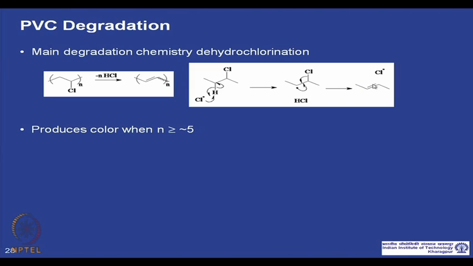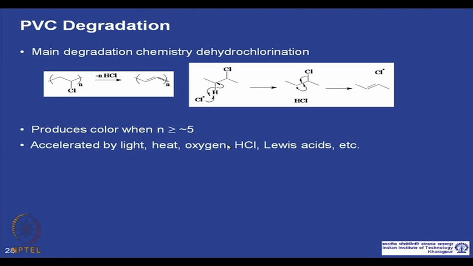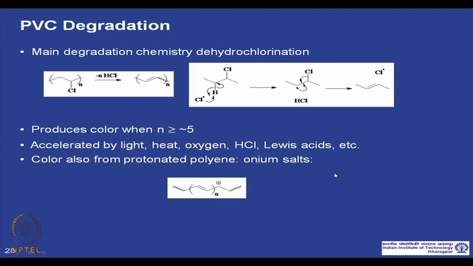And if you have this conjugation over 5 carbon atoms or 5 double bonds, then it will produce color, and this degradation is accelerated in presence of light, heat, oxygen and presence of acids, and color may form also from the protonated polyenes as it is shown in this figure.